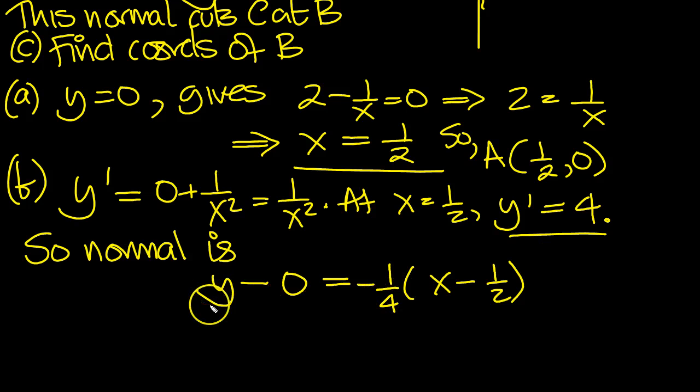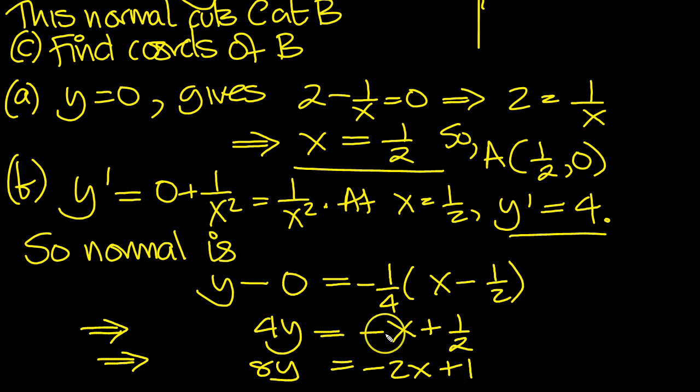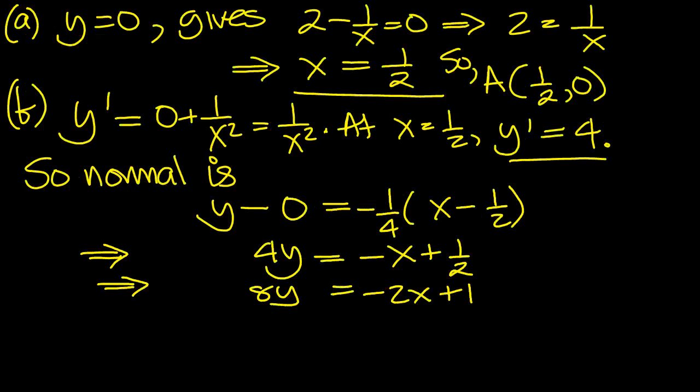Move the 4 up, so the 4 comes up to be with the y to make 4y is equal to, and run the minus through here, minus x plus a half. Multiply everything by 2. 8y is equal to minus 2x plus 1. So I've doubled everything through the entire equation.